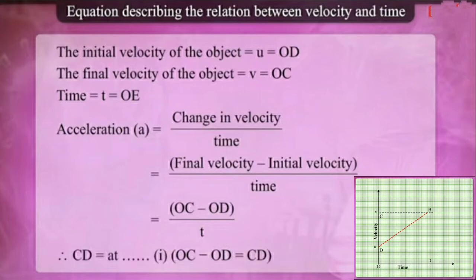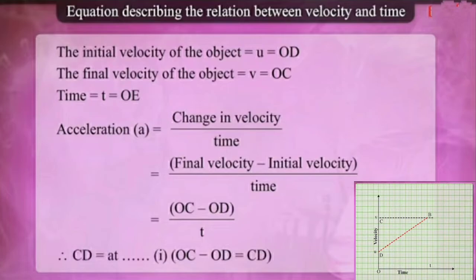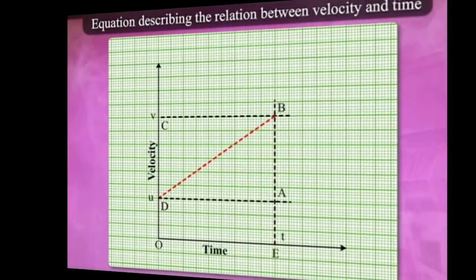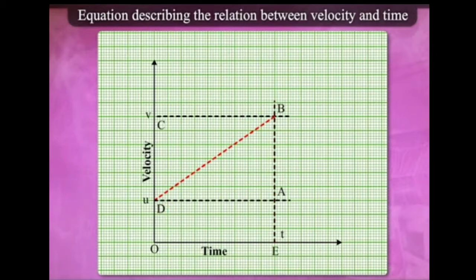So OC minus OD, what we get? It is CD. Observe this in the graph children. So therefore CD is equal to at. Understood?